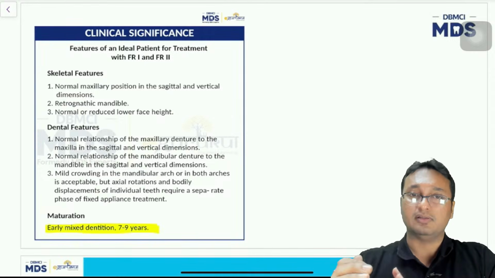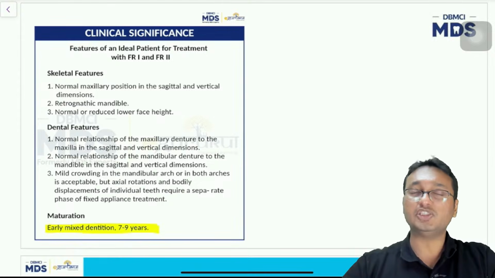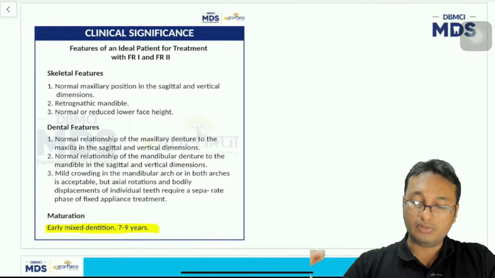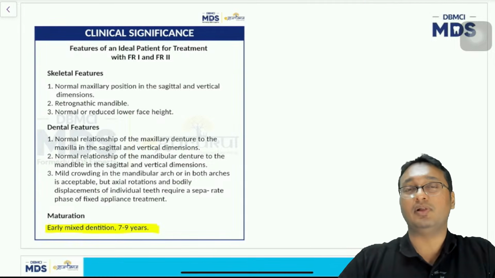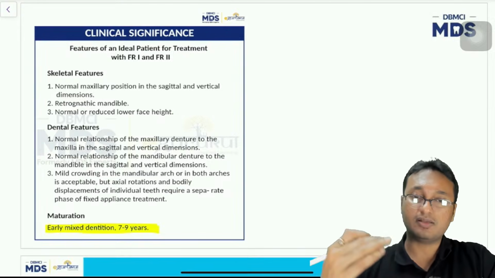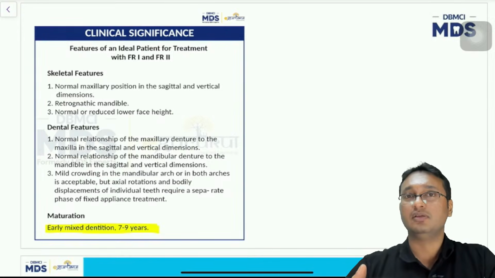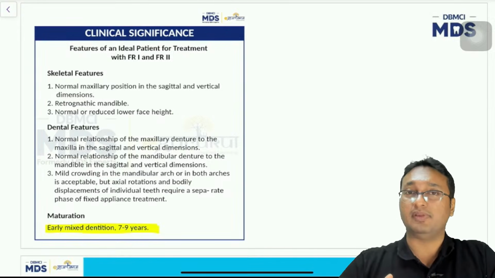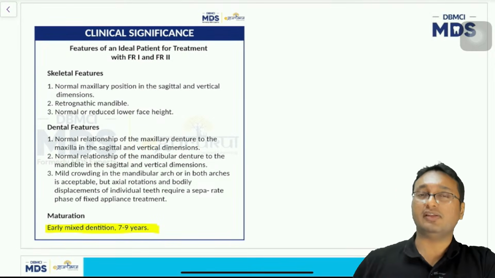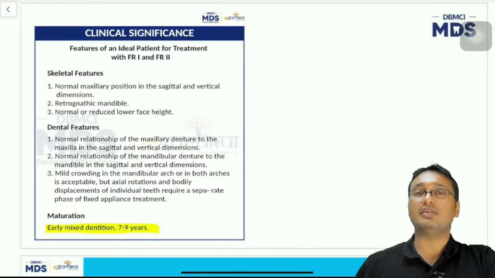So the earlier the better. The younger the child is, the better it will be for the child to adapt to this appliance and make it a habit to wear it on a consistent basis. That's why it is used in early mixed dentition as compared to other types of functional appliances.